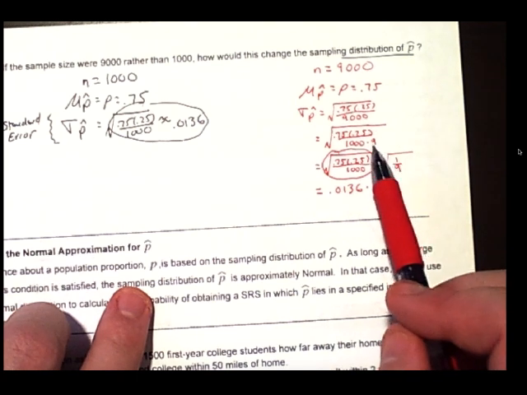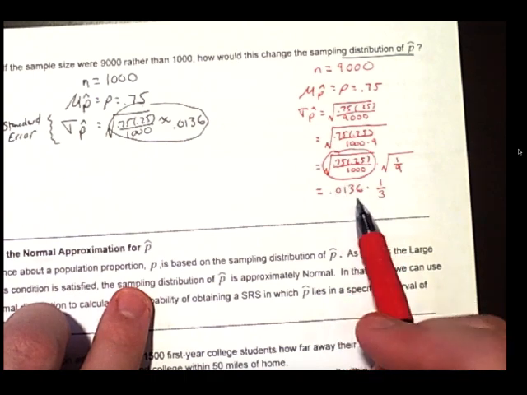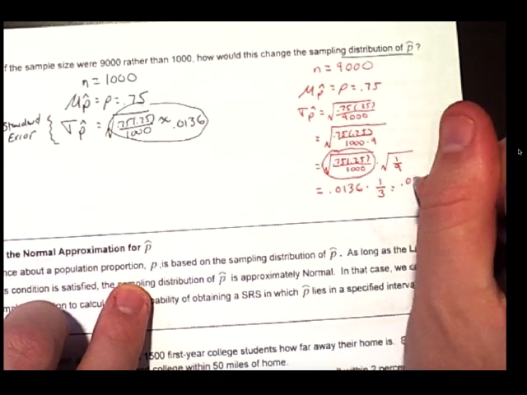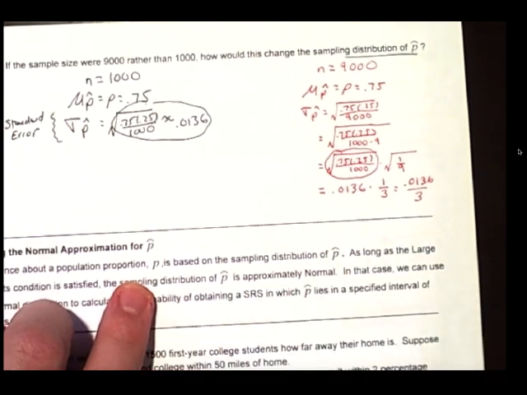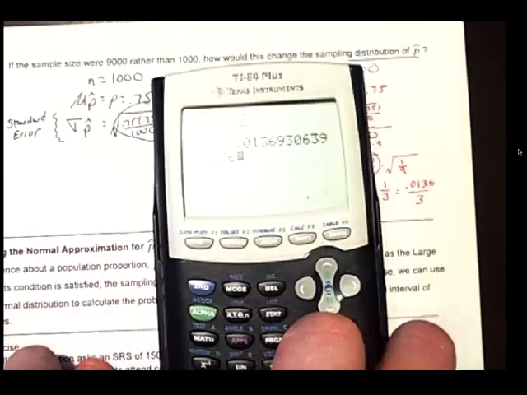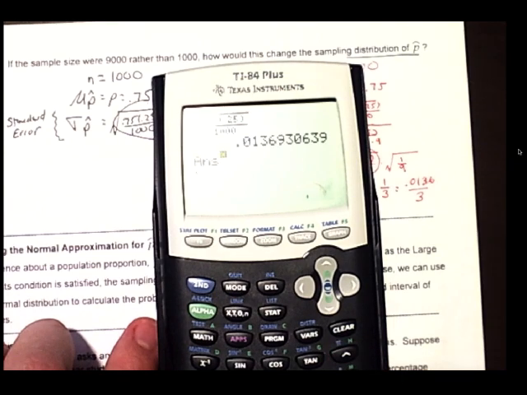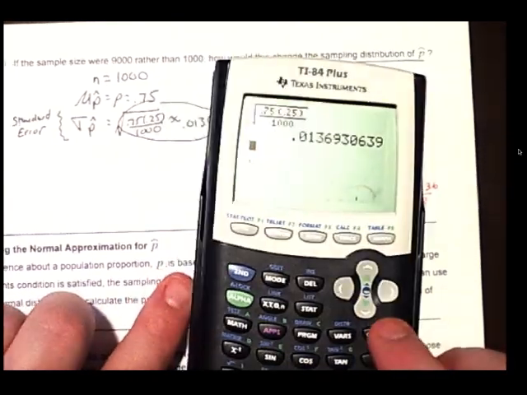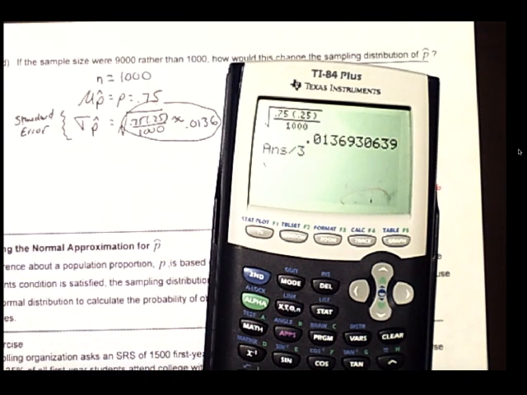Since it's in the denominator, it only makes it a third. In effect, that's the same thing as taking the previous number and dividing it by 3. If you understand that, the calculation becomes real quick. You just take the previous answer and divide it by 3.